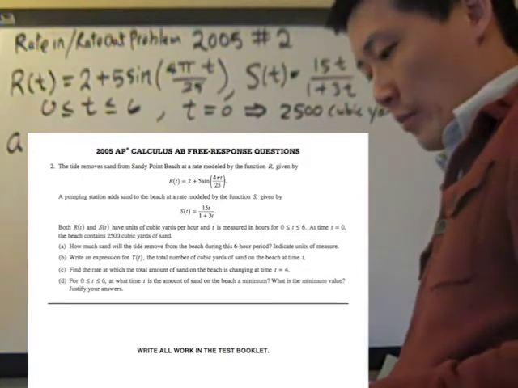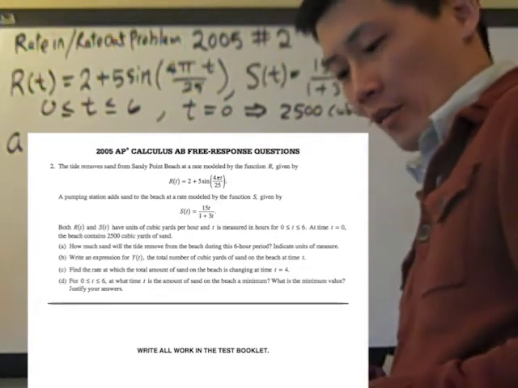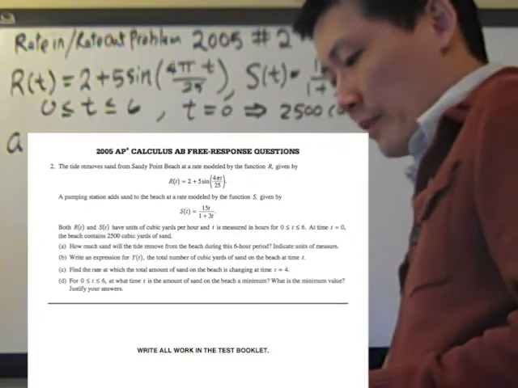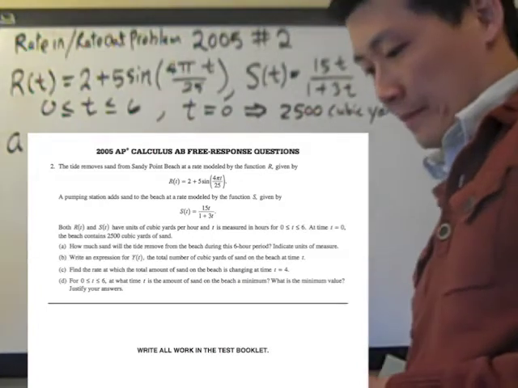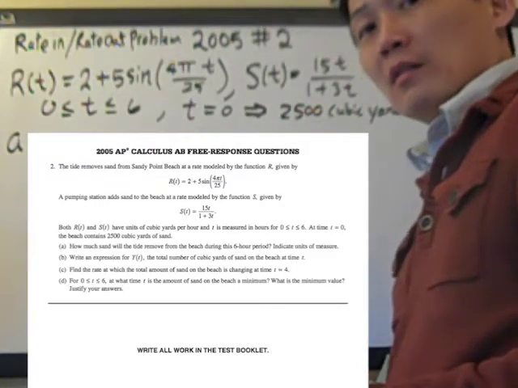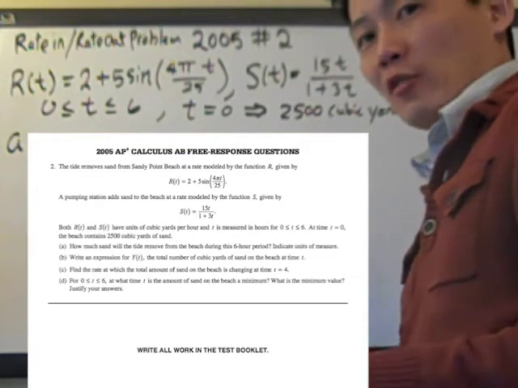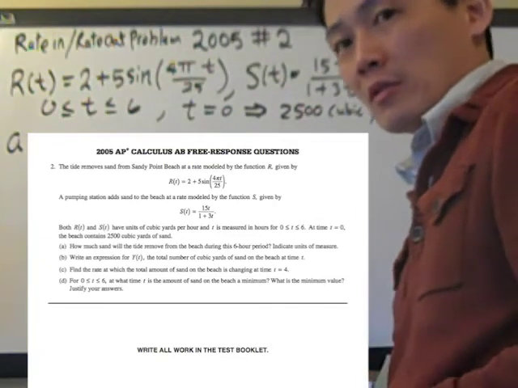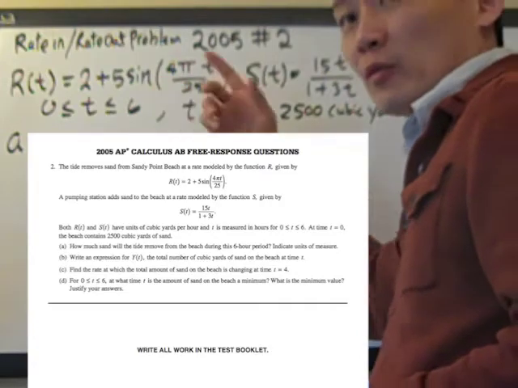So let's take a look at part A. Part A says, how much sand would the tide remove from the beach during the 6-hour period? Now, the question asks for the actual amount of sand being removed, but we have the removal rate.